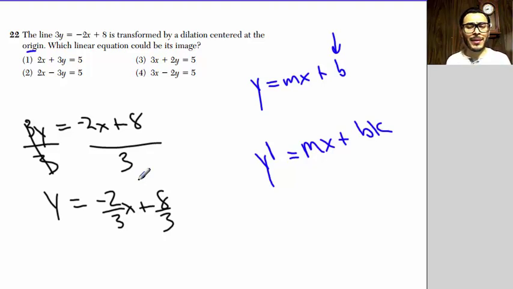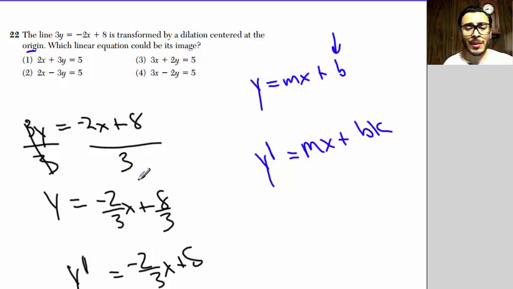If you're going to dilate this by some scale factor, the new line is going to have the same slope as the original one. The only thing that changes is the y-intercept, which will be 8/3 times k, whatever that is. So to find our answer, let's look for the line that has a slope of negative 2/3.